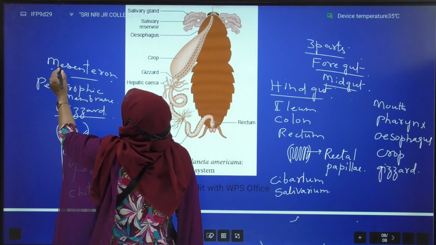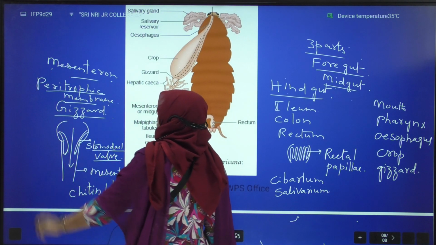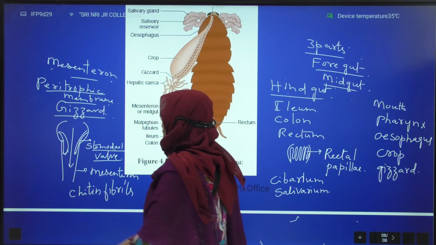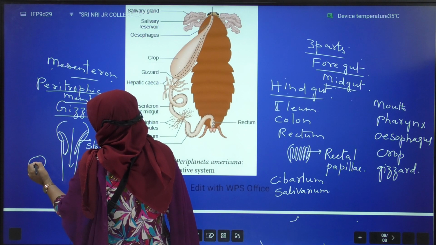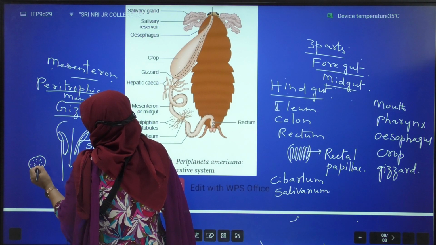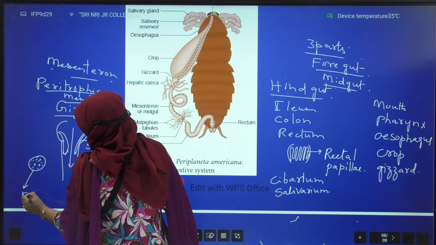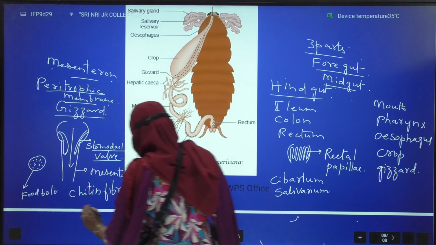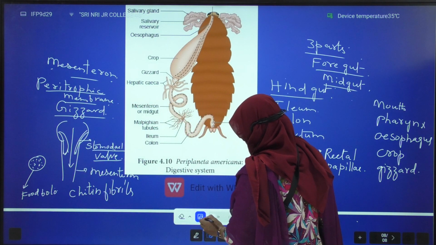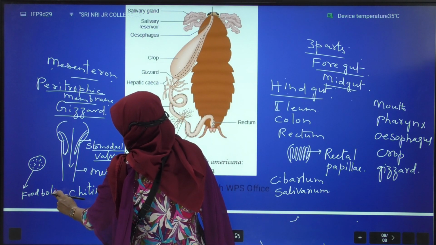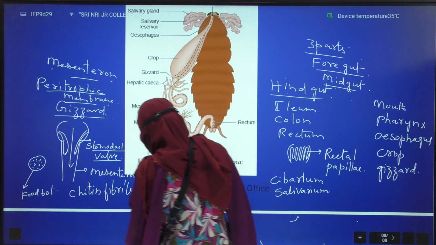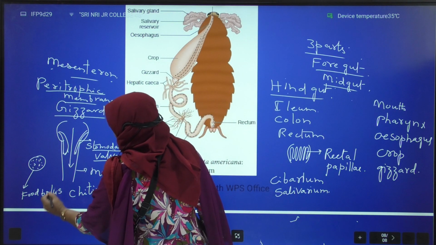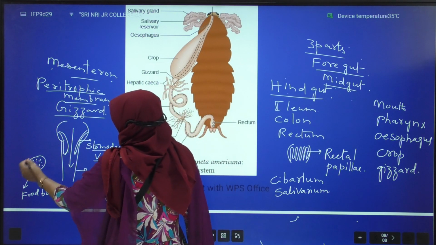Mesenteron secretes peritrophic membrane. Food bolus is surrounded by peritrophic membrane. In mesenteron, food bolus is formed.